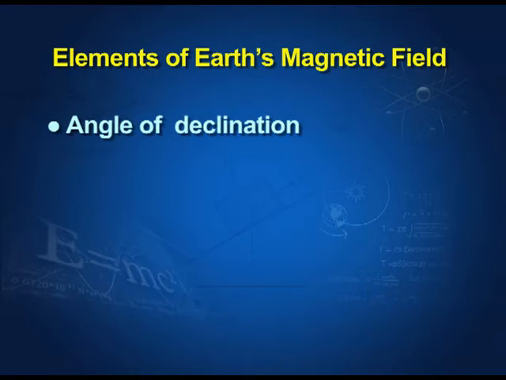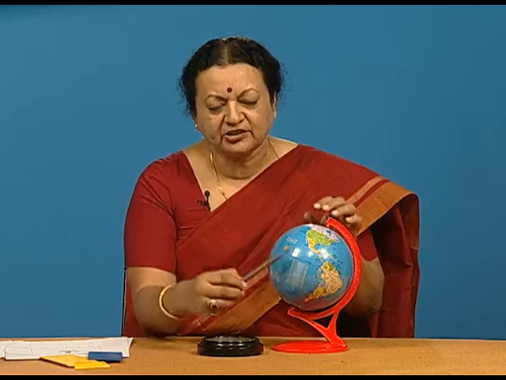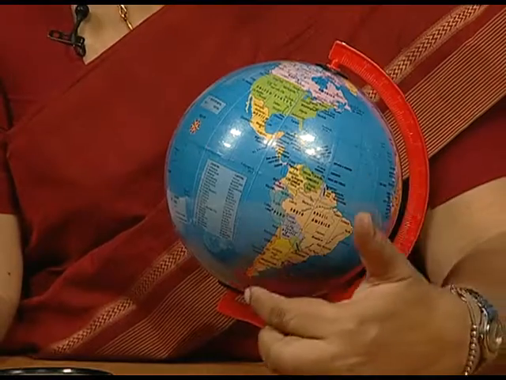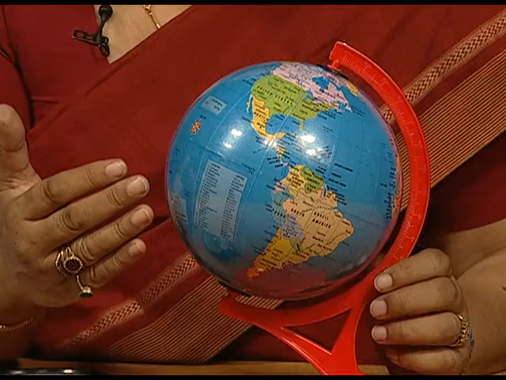There are only 3 elements or 3 requirements to talk about the Earth's magnetic field at a particular location. First one is angle of declination. This angle at a location is the angle between the geographic meridian and the magnetic meridian.